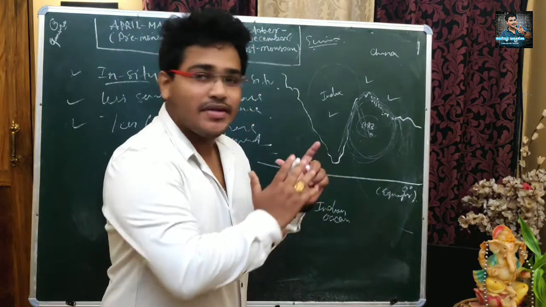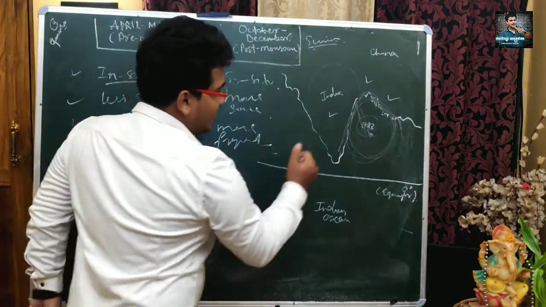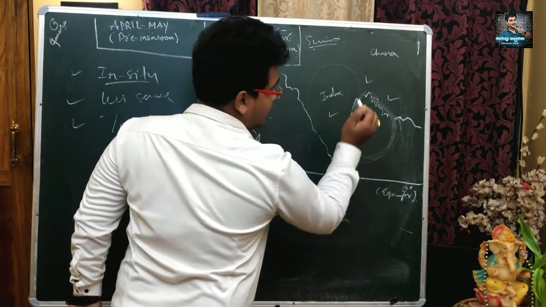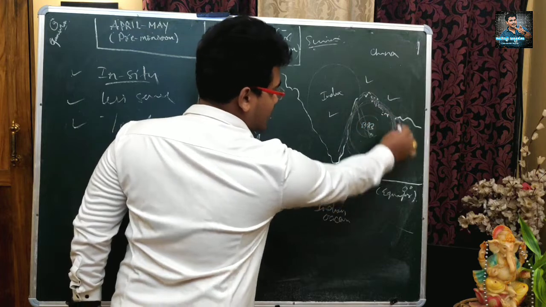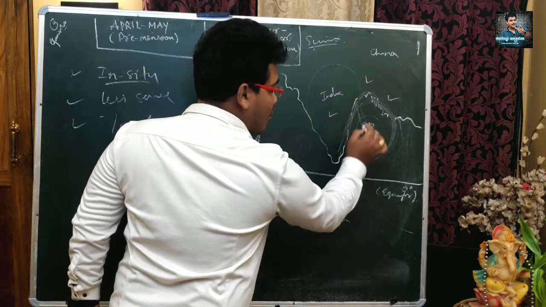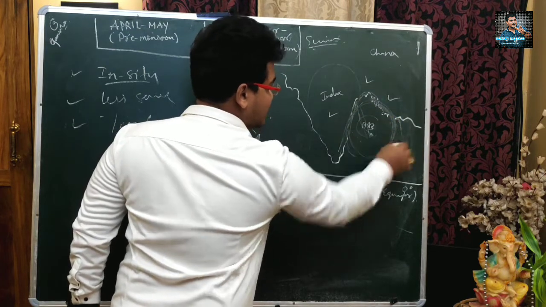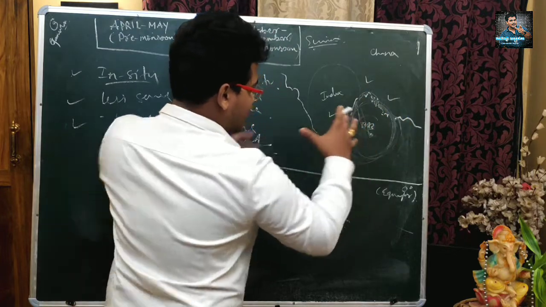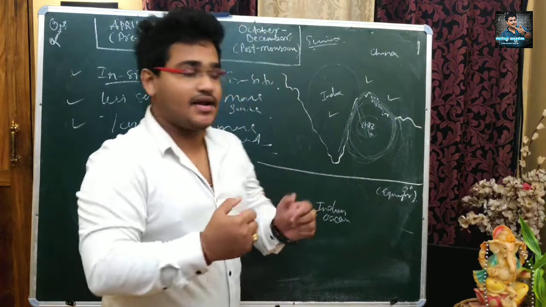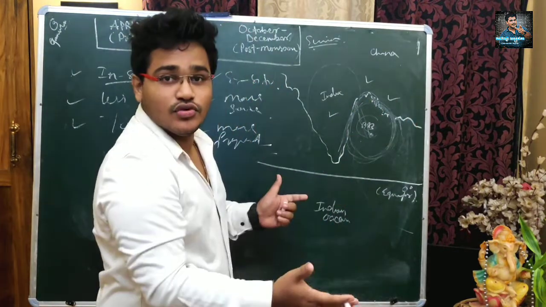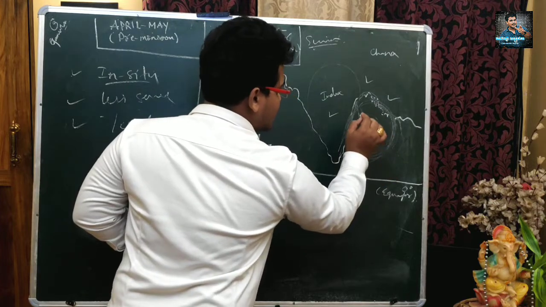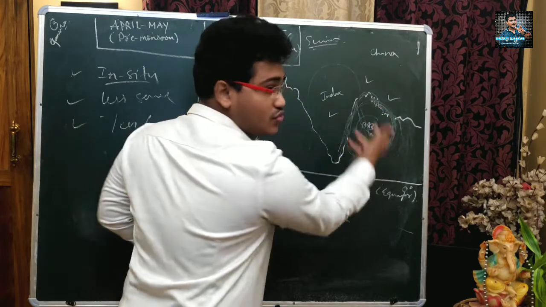Just be careful over here. The surface water over this area is warmer. Why is it so? Because as it is three-sided landlocked, it captures the heat and doesn't allow it to escape. So this area also becomes a zone of low pressure.